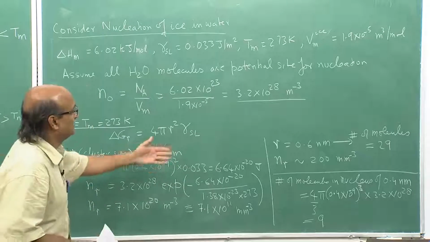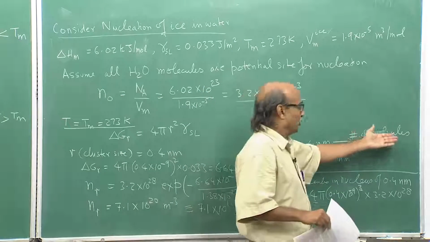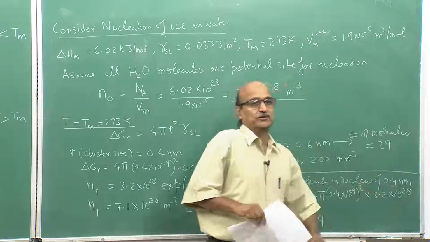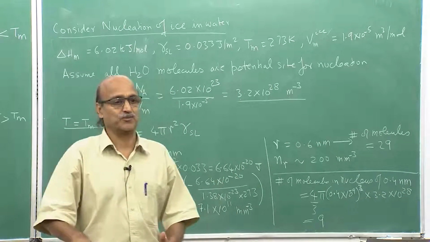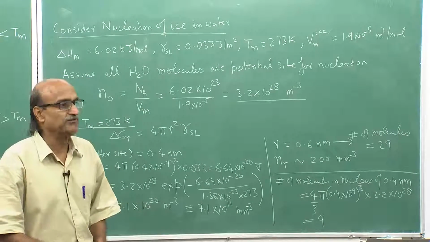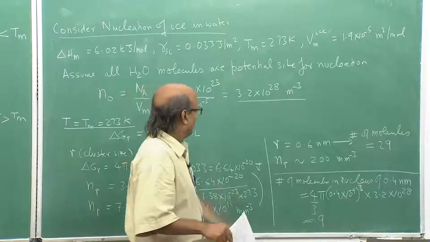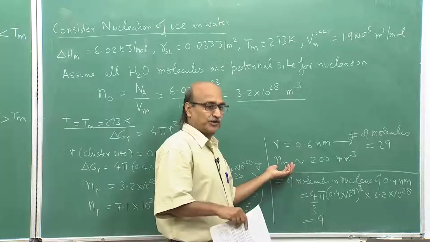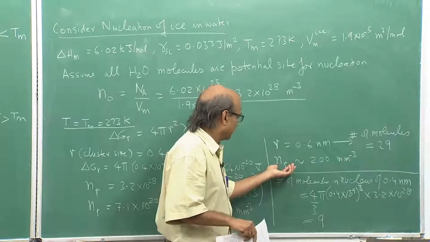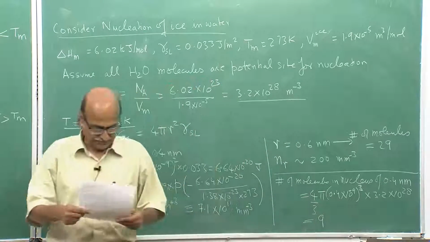Similarly, if I increase the size even more, the number of molecules required to form that nucleus would be even more, and hence the probability would be even lower. So, as the probability goes down, obviously the density of nuclei that we can expect would also reduce.